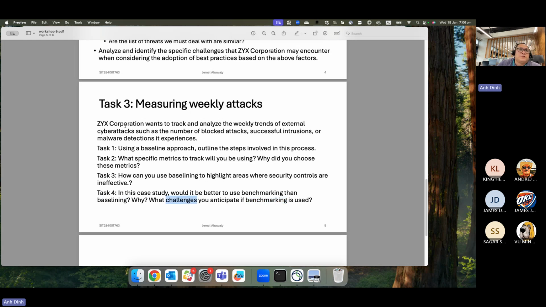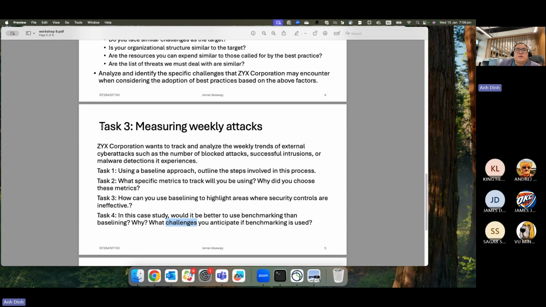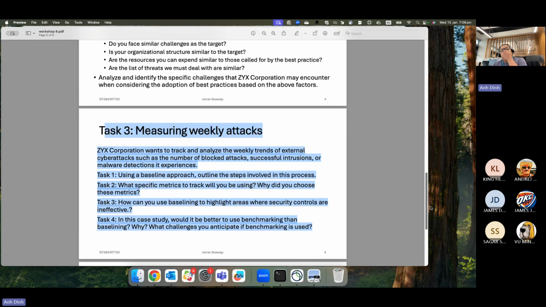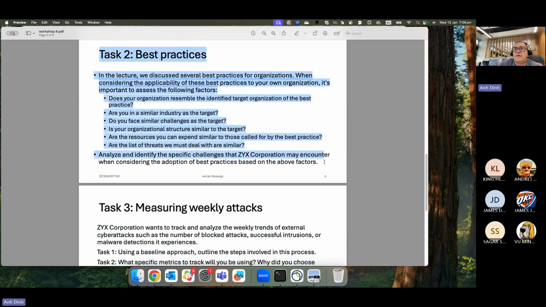I would recommend you think about task 3 first. And then after you have thought through task 3, think about task 2. These are all critical thinking questions.